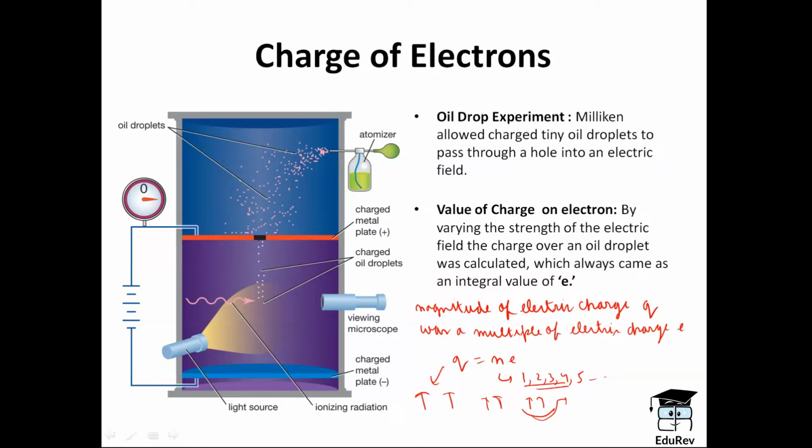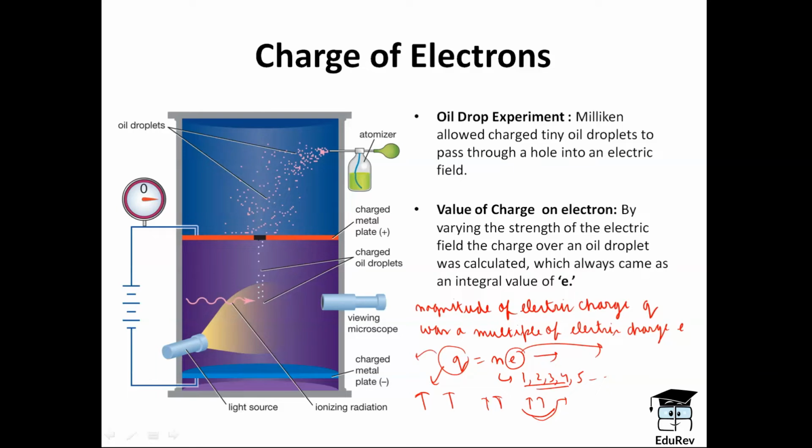That is, it wasn't a fraction, it was an integral multiple. So this led to the result that Q is equal to n into e, where n can be 1, 2, 3, 4, 5, where e is a specific value, and Q is the overall charge on the oil droplet.